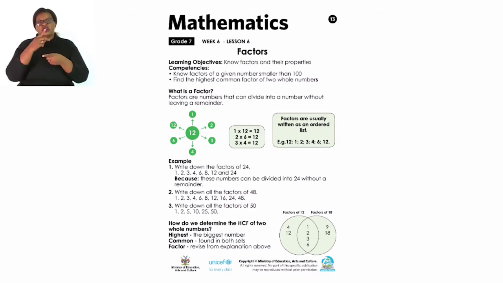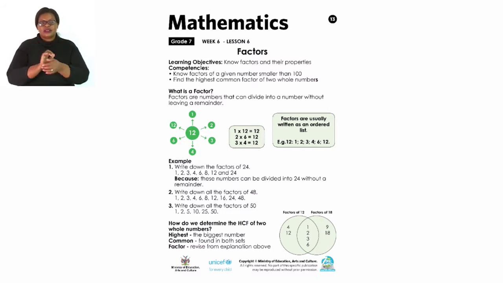Usually we write them in order. So the factors of 12 will be 1, 2, 3, 4, 6, and 12. Factors are numbers that can divide into a number without leaving a remainder.